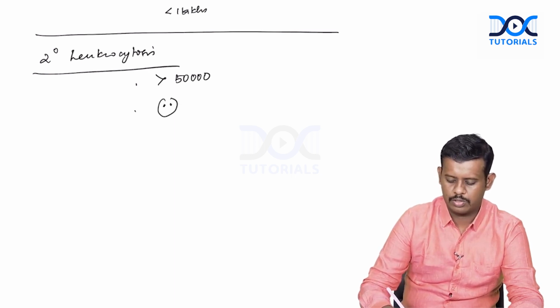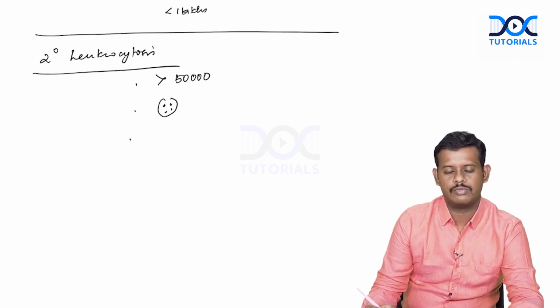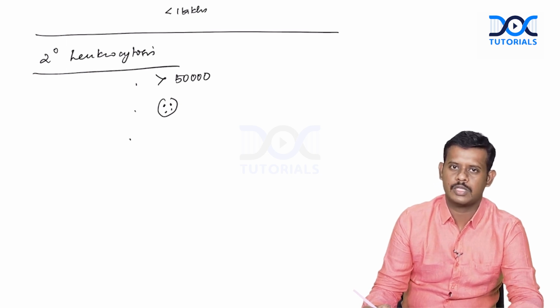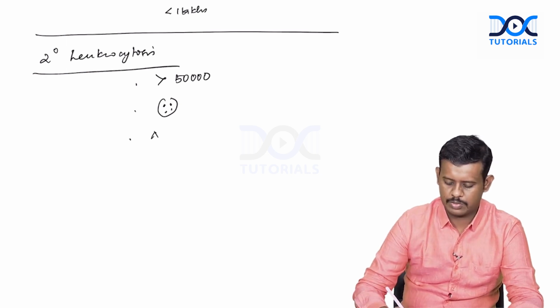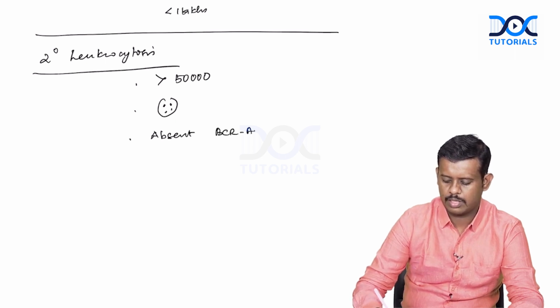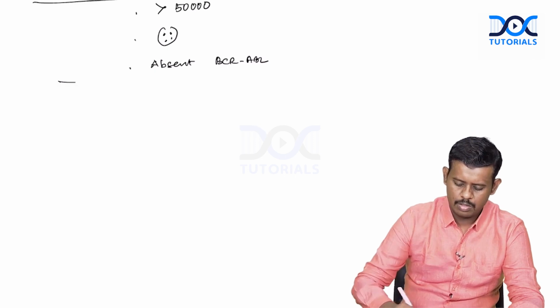So these indicate that there is a secondary leukocytosis, secondary to other infections. Well, these patients will obviously have absent BCR-ABL translocation. So this is how we differentiate a patient with secondary leukocytosis from CML.